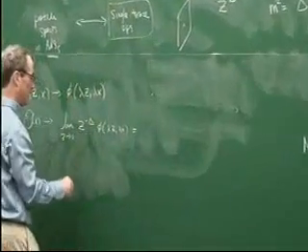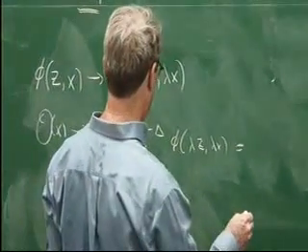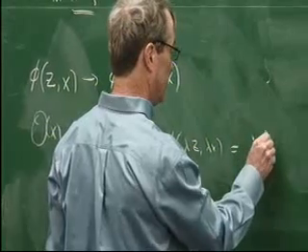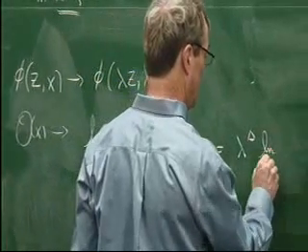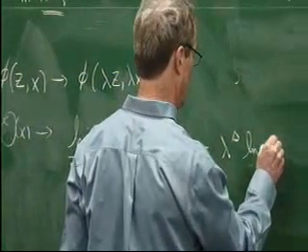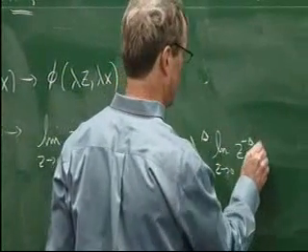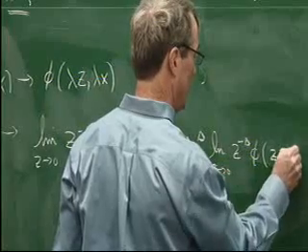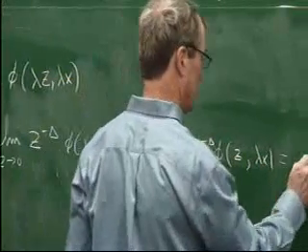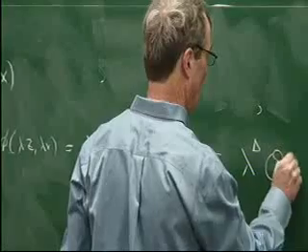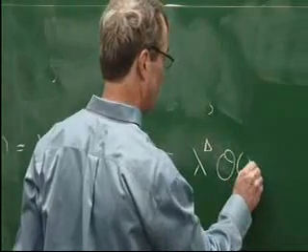By renaming the dummy index z, that is lambda to the delta, limit z to the minus delta, phi of z, lambda x, which is lambda to the delta O of lambda x.